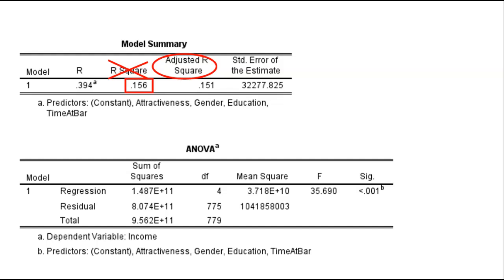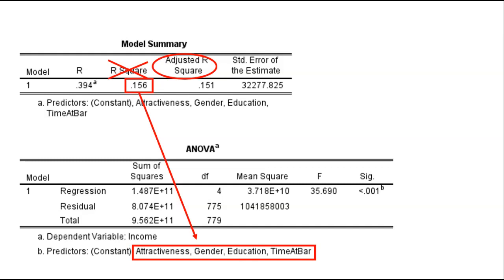Now, to interpret this in percentage term, we multiply it by 100, meaning that 15.6% of the observed variability in income is attributable to differences in education, gender, time spent in a bar, and the person's attractiveness. But can we conclude that in the population, these four independent variables explain really 15.6% of the variance in income? Not really. Why? Because R-squared tends to overestimate the parameter it is designed to estimate.